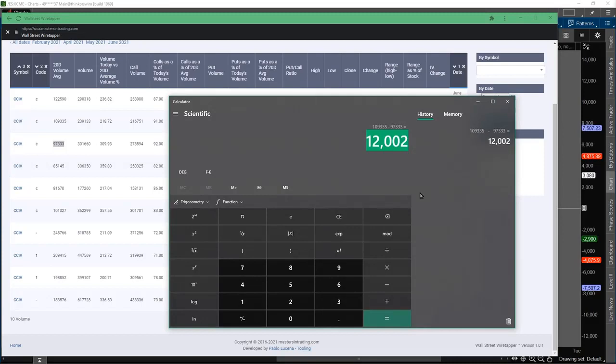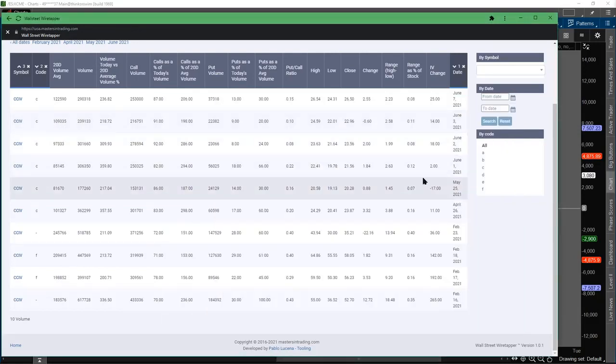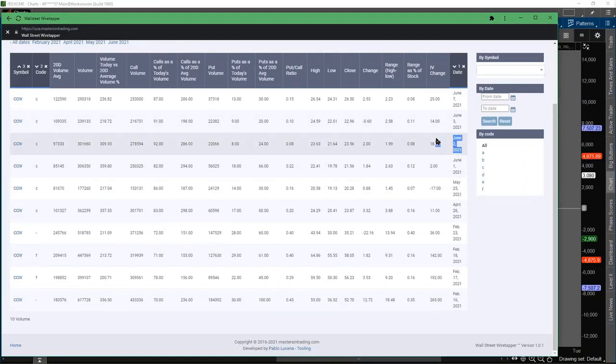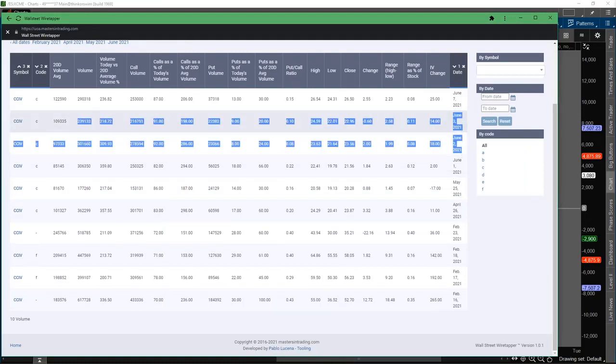There is an increase of over 12,000 contracts on average. It made the average go up by 12,000 contracts from literally one business day to the other. I consider that pretty significant.